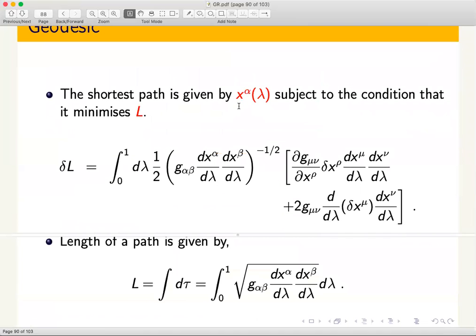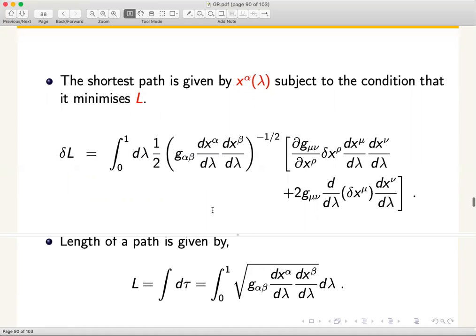So what you do is look at the variation of this length functional and study that variation. If I look at some delta x alpha, what is the variation in L? Remember, you have variation here, variation there, as well as variation in g. These are all three places where the coordinate x is sitting around.